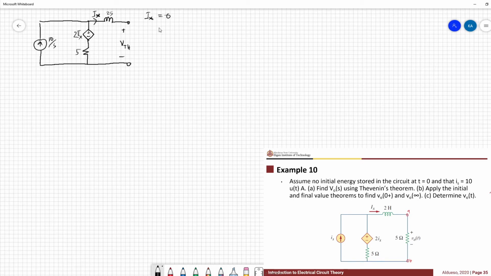So we have, by KVL or by Ohm's law, our VTH is equivalent to 5 times this current source. So we have 50 over s.